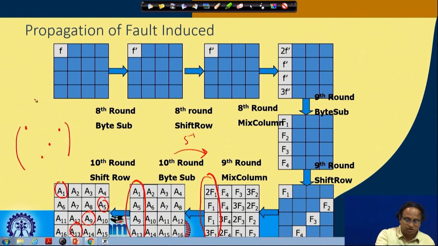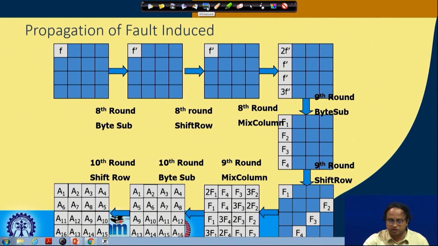So this is the 10th round cipher C10, for example. By using this you again derive similar equations, and you should understand the corresponding equations.